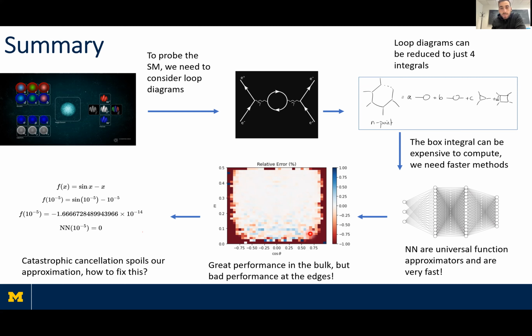As you move to the edges of phase space, so when the scattering is sort of collinear or when you have really high energy, that's where you start running into issues of catastrophic cancellation. And we saw that catastrophic cancellation spoils our numerical accuracy. And we saw a few ways of how to fix it. And that's where I am currently. I'm trying to work out ways of fixing catastrophic cancellation so that hopefully this relative error plot would be white all over and everything would be fine and we'd all be happy.